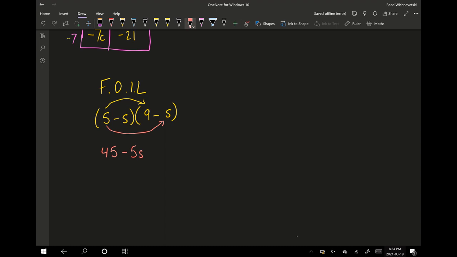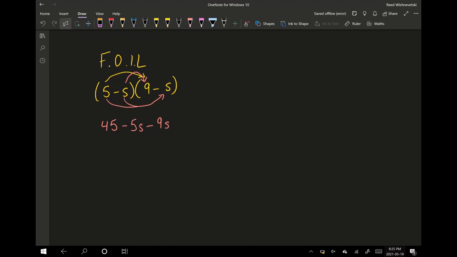Now we're going to do our inner term here, which is going to be negative s times 9. So we're going to get negative 9s. And we're going to do our last terms, which is going to be s times negative s, which is going to give us positive s squared.